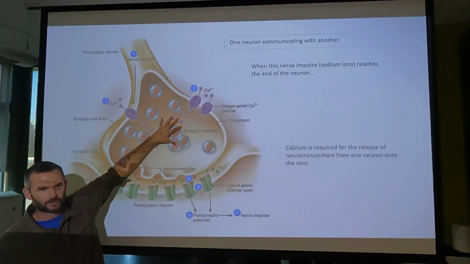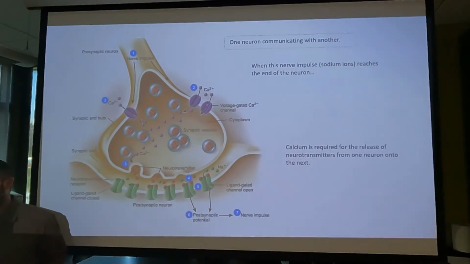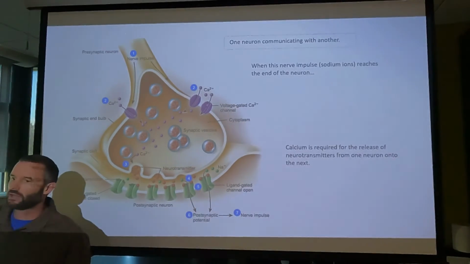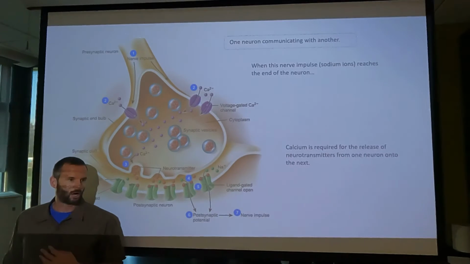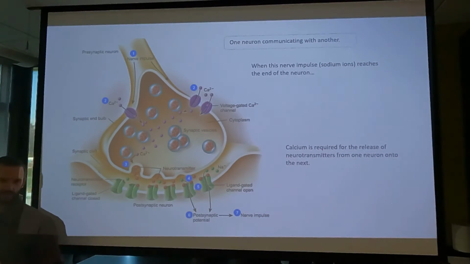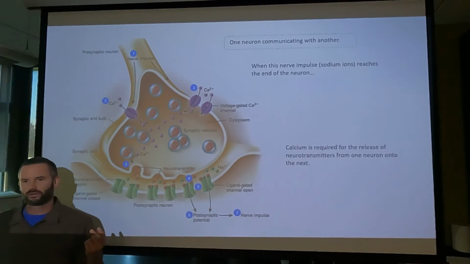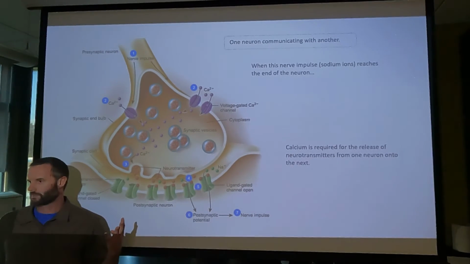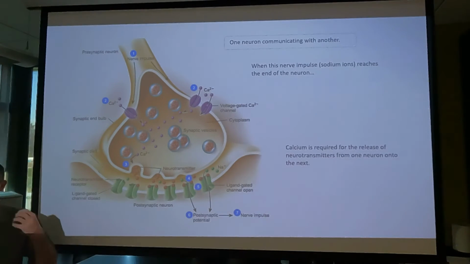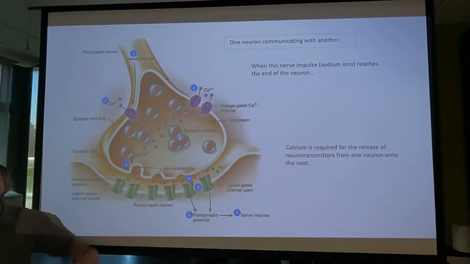Yep. And in fact, there's a class of medications, antidepressants, called SSRIs, selective serotonin reuptake inhibitors. What does serotonin do? It's a neurotransmitter found in the brain, and when it binds to these cells, it makes you feel good.